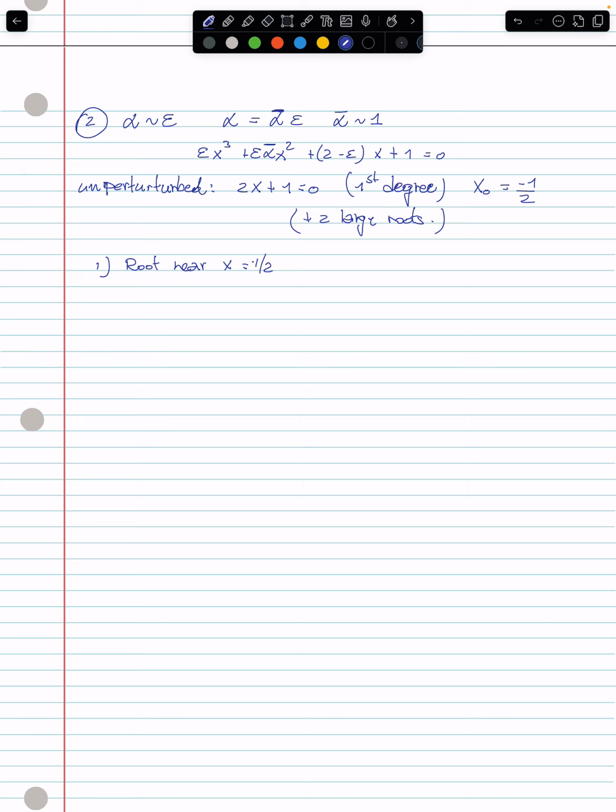Let's try with a regular ansatz. Again, it doesn't hurt too much to try this, and if it doesn't work, we'll see if something else can save us.